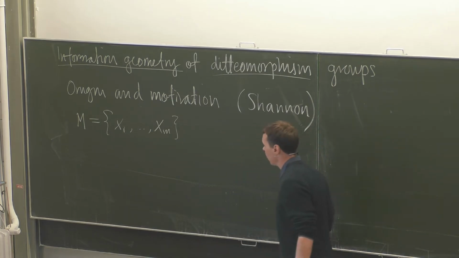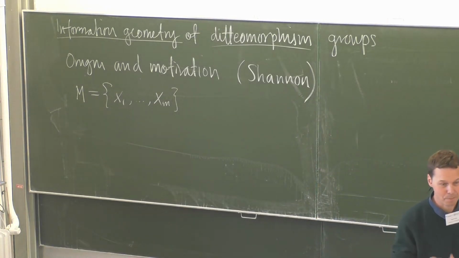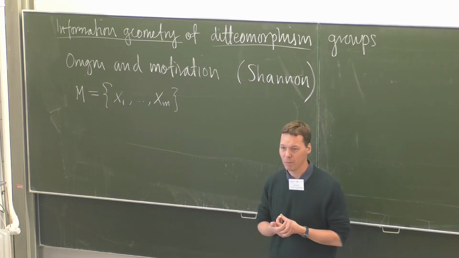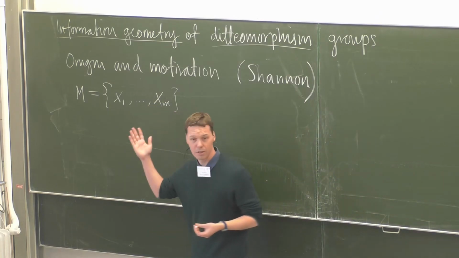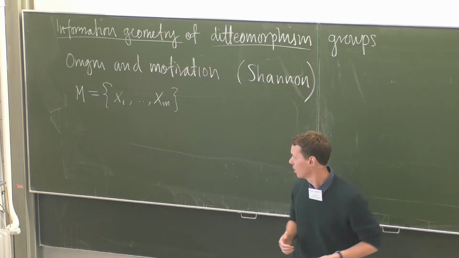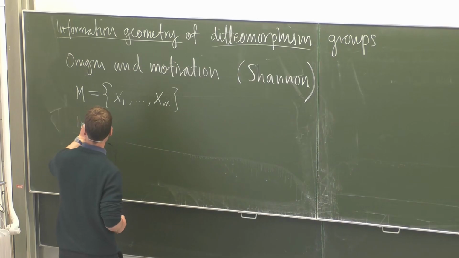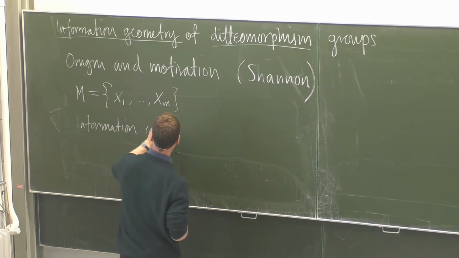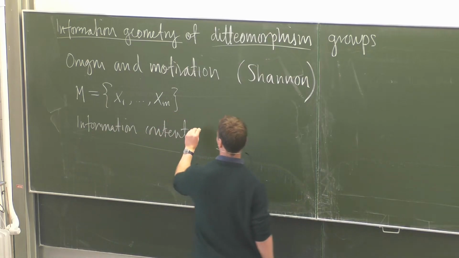And then you can ask, okay, so if I receive one message from this set, how much information have I gained from that? Obviously, this must be related to how large the set is. So what is the information content of one message?